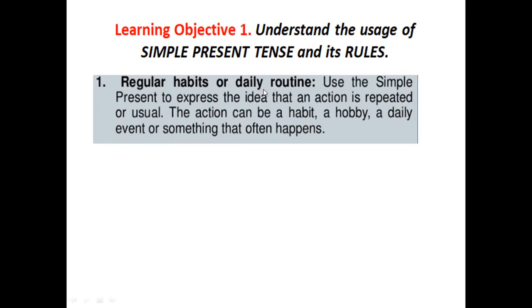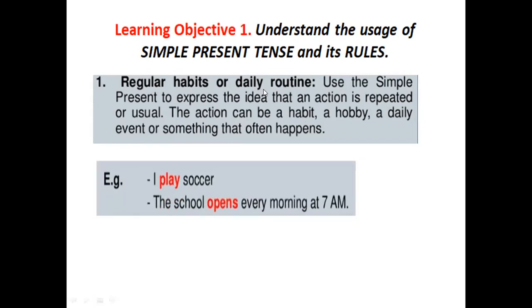Okay, consider the following examples below. I play soccer. So it might be you always play soccer every day. Example number two, the school opens every morning at 7 a.m. So the school opens, take note, every morning. So this is a habitual action at 7 a.m. Take note of that.